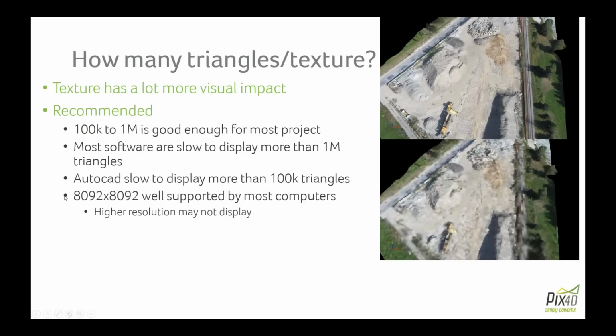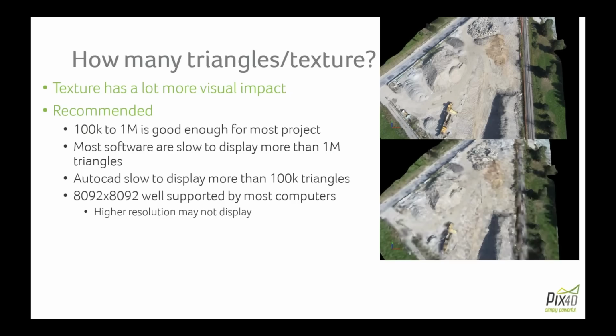And by default, the value is 8,000 by 8,000. The reason we did that is that this texture resolution is the one which is supported by most computers. For some laptops which have weak graphics cards, and depending on the software you use to display them, 8,000 by 8,000 is already too high, and the software will not be able to load and display the texture.